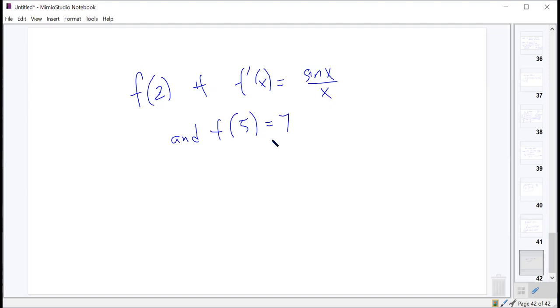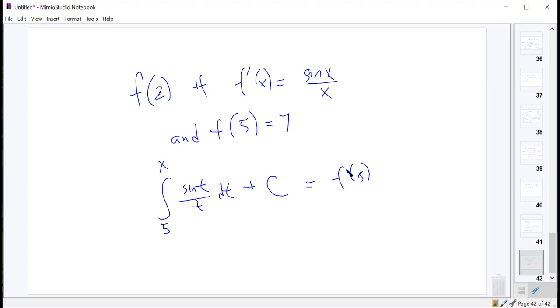So you need to set this up so that you can use your calculator for it by using the fundamental theorem of calculus. We will say something like the integral from 5 to x of sine t over t dt plus a constant should be equal to f of 5, right?